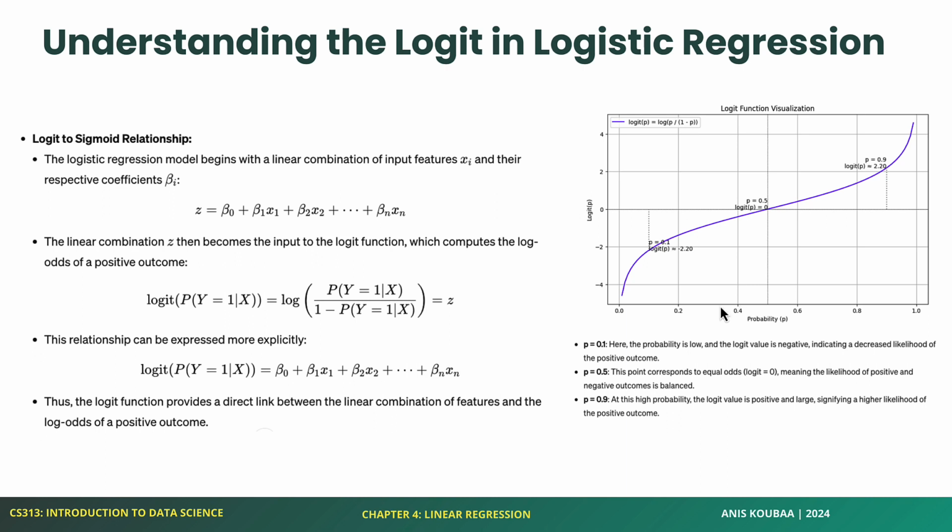If the probability goes to 0, the log will be minus infinity, and if the probability goes to 1, we'll have plus infinity. So it's the opposite of the other one. The sigmoid converts any real value to between 0 and 1, and the logit will convert to continuous space.